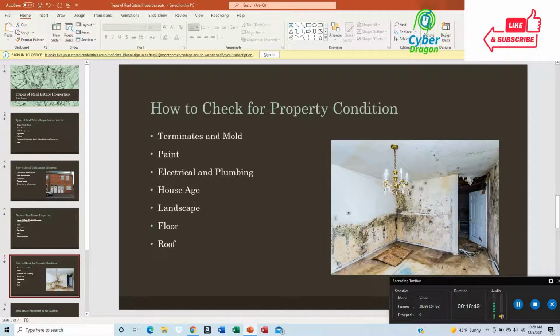Next is how to check for property condition. Okay, the example right here in the video is mold. This is mold. Mold is mostly from water moisture, dust, paint peeling off, stuff like that.